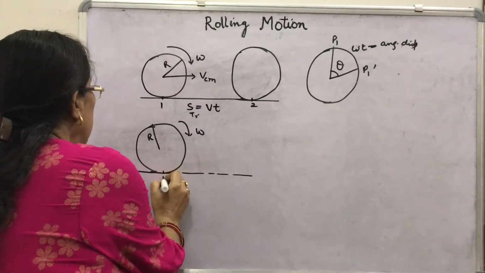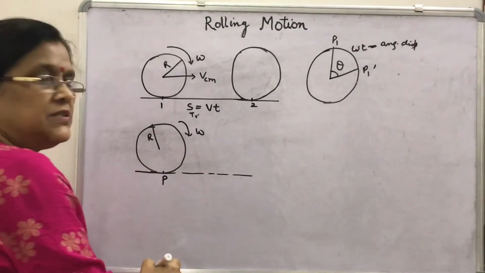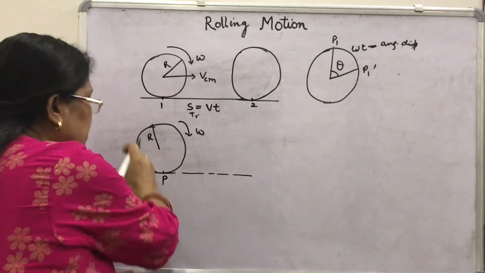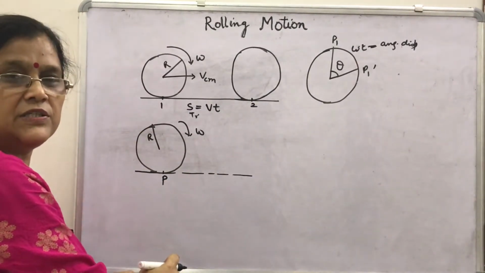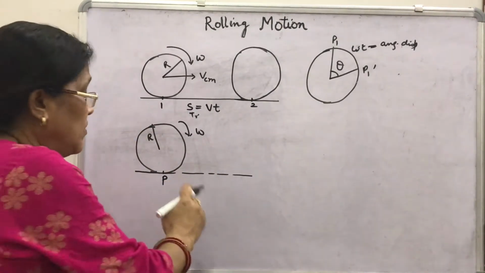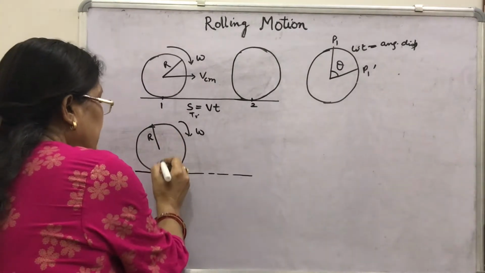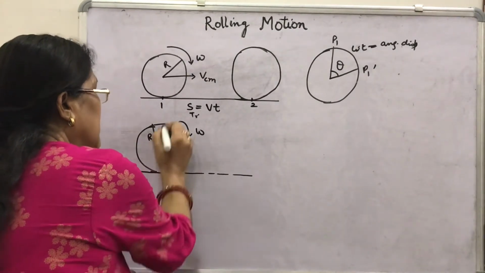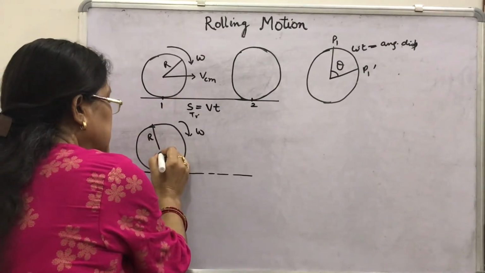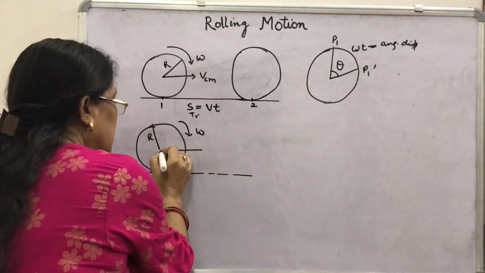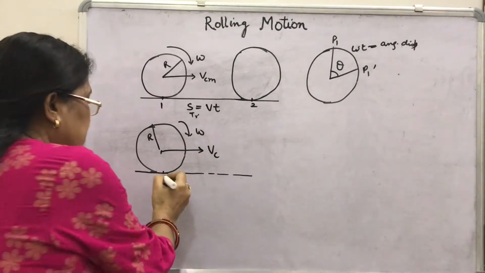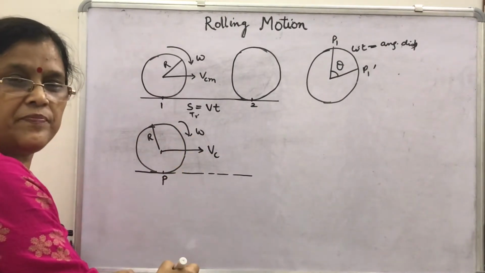What will happen? The point P, which is at the surface, when it rolls, will cover a certain distance. Look here, at the point P, again you will find the velocity of center of mass, since the body is rolling and it is in translational motion. So the velocity of center of mass is Vc. At point P, it will also be Vc.